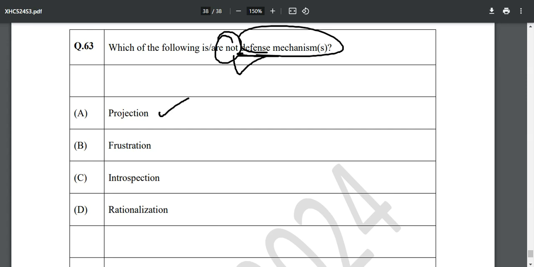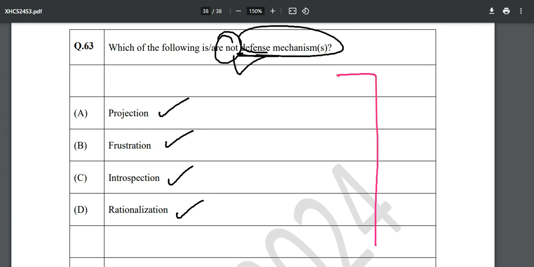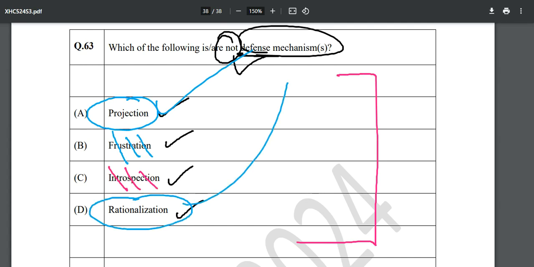Projection you all know. Frustration you all know. Introspection you all know. And rationalization you must also be knowing. So what will be the correct answer here? As you all know, projection is a defense mechanism, frustration is not, it is Dollard and Miller, introspection is structuralism, and rationalization is a defense mechanism.